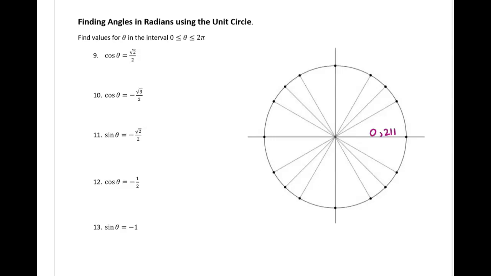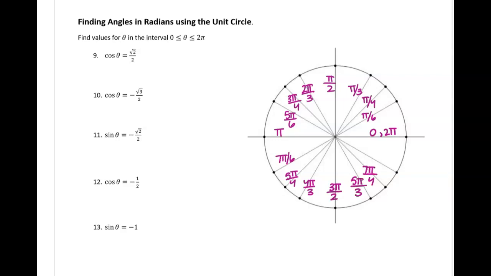This was 0, 2 pi, pi over 6, pi over 4, pi over 3, pi over 2, 2 pi over 3, 3 pi over 4, 5 pi over 6, pi, 7 pi over 6, 5 pi over 4, 4 pi over 3, 3 pi over 2, 5 pi over 3, 7 pi over 4, 11 pi over 6, and we're back for 2 pi.